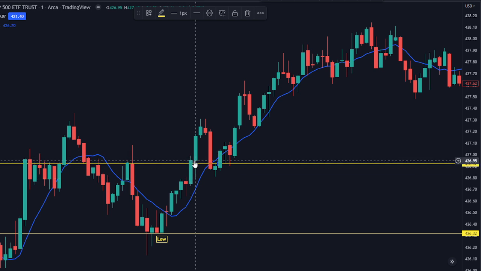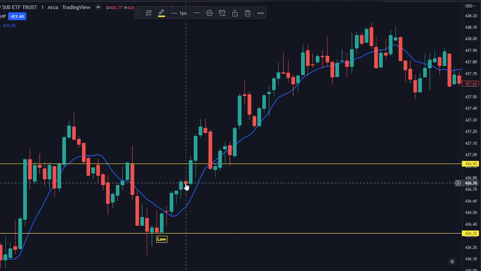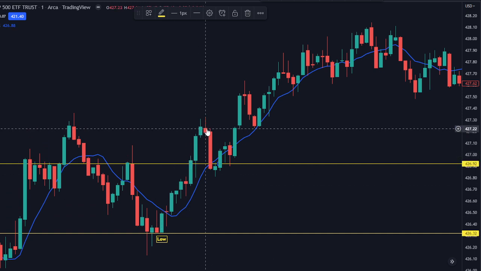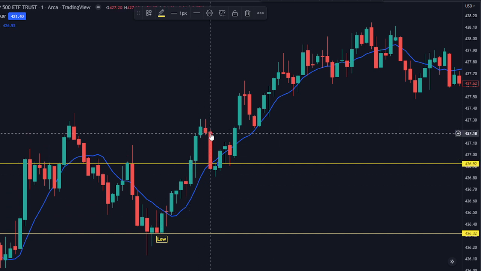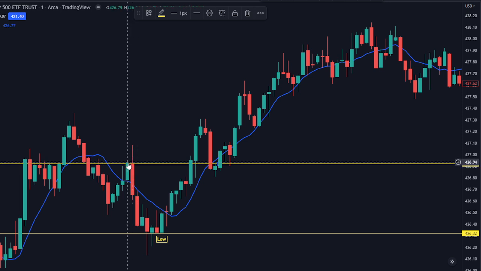Here's your retest, and you could have entered right here on the break of this previous candle. You're above the high, so we're already setting a higher high. You know that after this big long run up, there's going to be a lot of people taking profits. So we're expecting it to roll over, but not reverse, and we're expecting it to bounce right here.